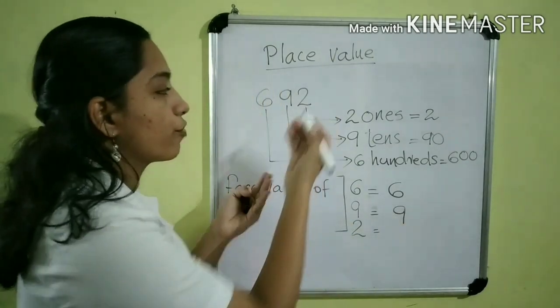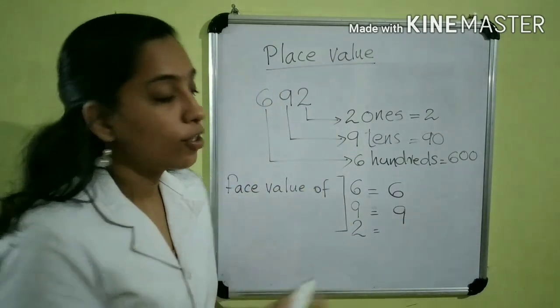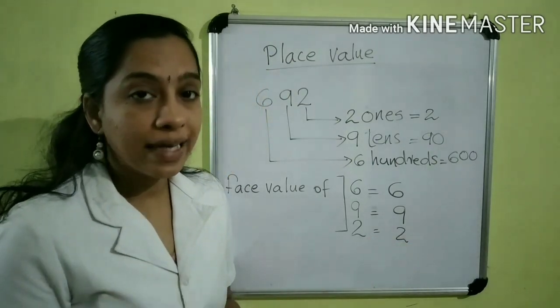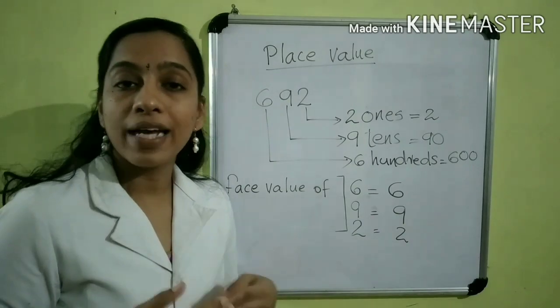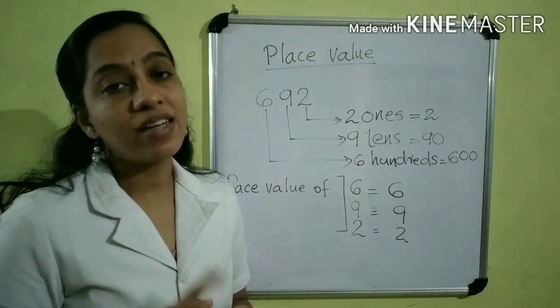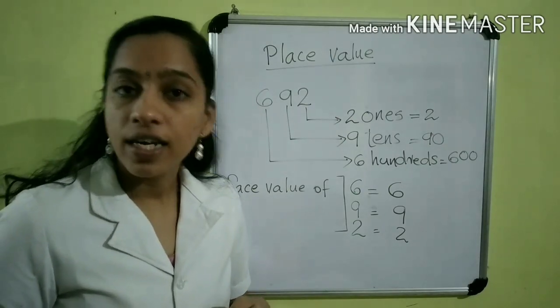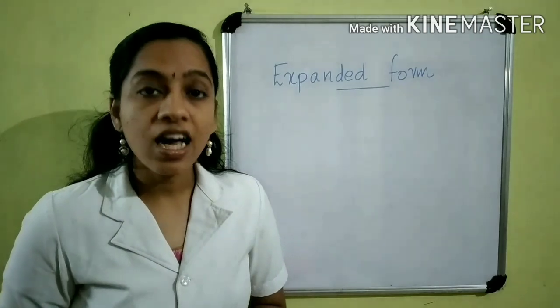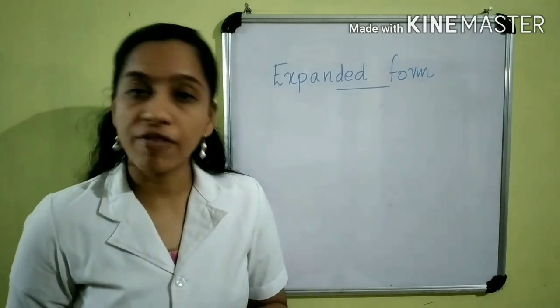And the face value of 2 in 692 is 2. That's why I told you the face value does not depend on the place of the digit. But place value depends on the place of the digit. Is it clear to you? Let us learn how to write the expanded form of a number.